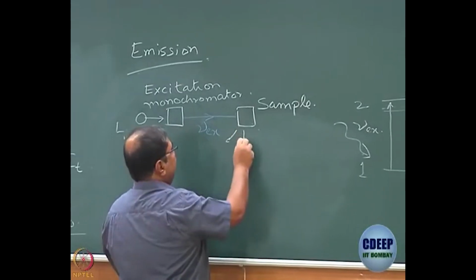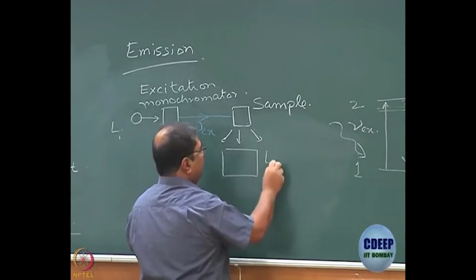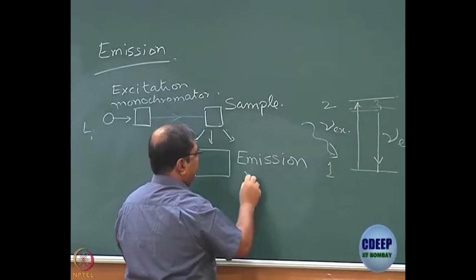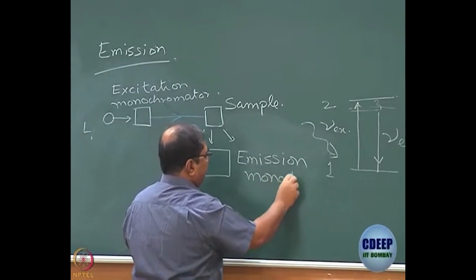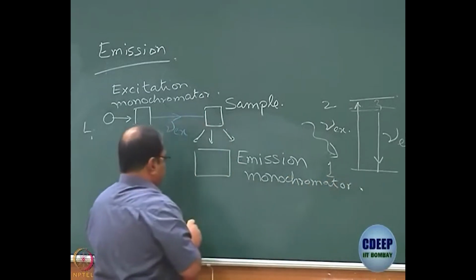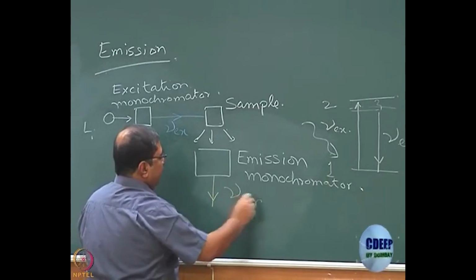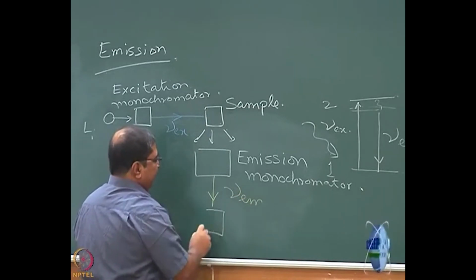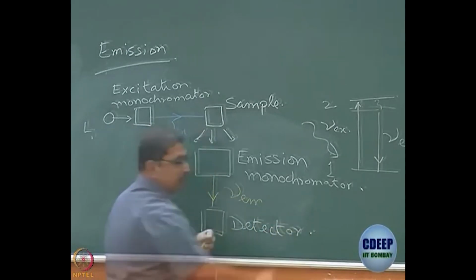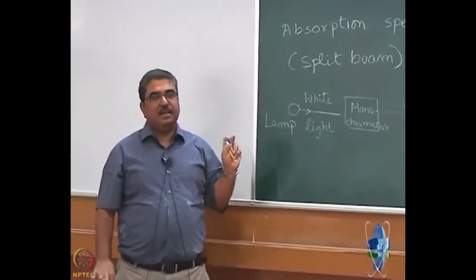This is your emitted light, and even that has to go through what I call an emission monochromator, which allows me to choose the frequency of emission which is then detected. We need 2 monochromators in an emission spectrometer. Are we clear about that?